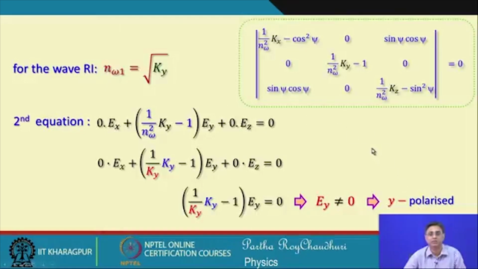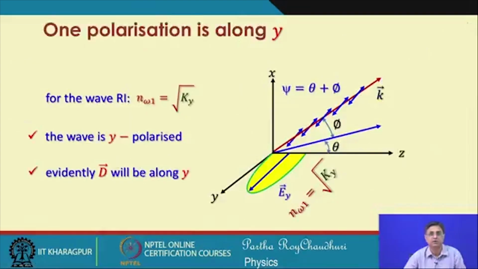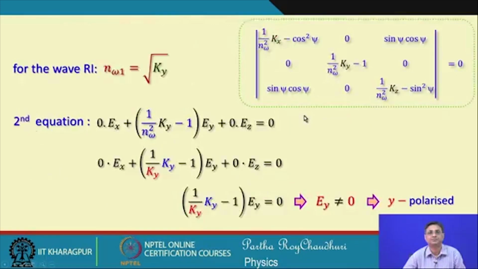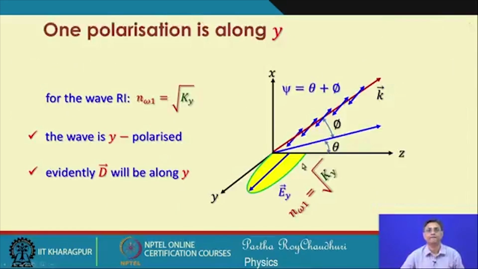So, one solution of this wave is very straightforward, that is when the refractive index n omega 1 is equal to under root k y, then the wave is y polarized, and it sees the refractive index k y and it makes an angle.